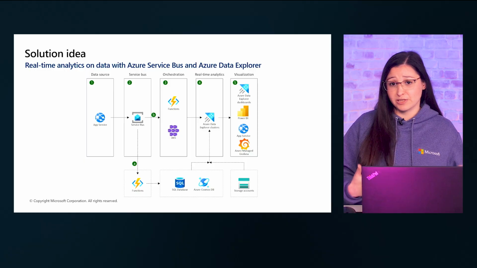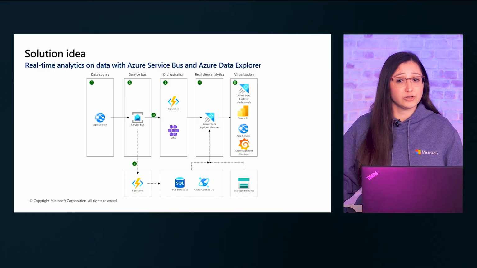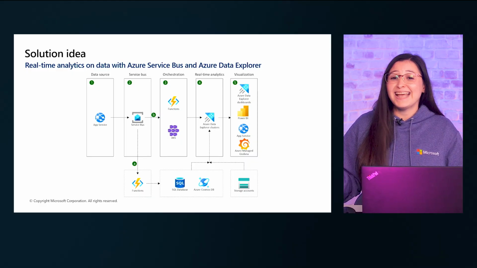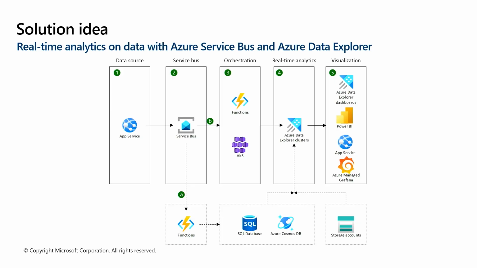Or a polling service, like an application that is hosted on the Azure Kubernetes Service or an Azure VM, that sends data to the Azure Data Explorer in micro batches. This option doesn't require configuring the Azure Data Explorer for streaming ingestion.